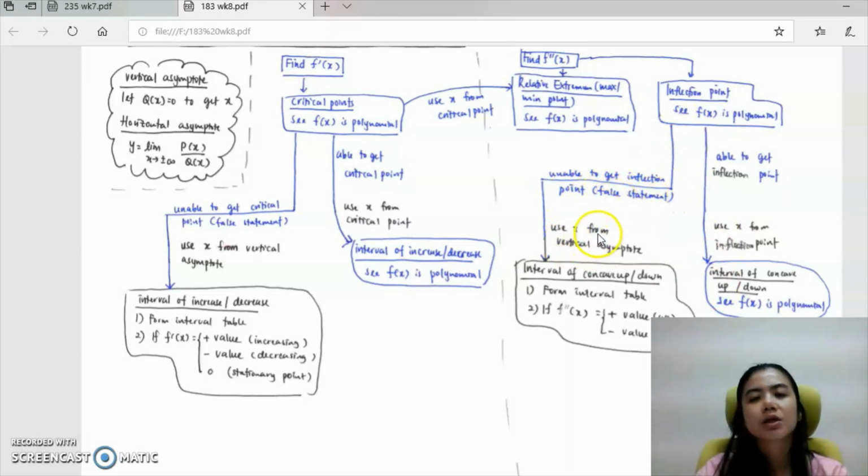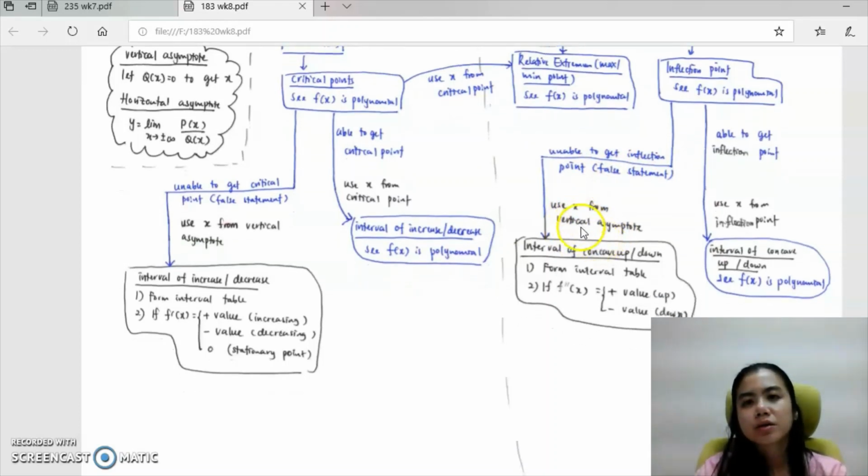So it says to use the x from the vertical asymptote again, and then you build the interval table to find the intervals of concave up and down.